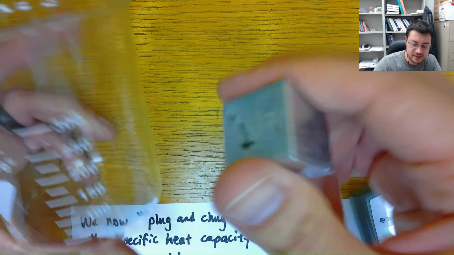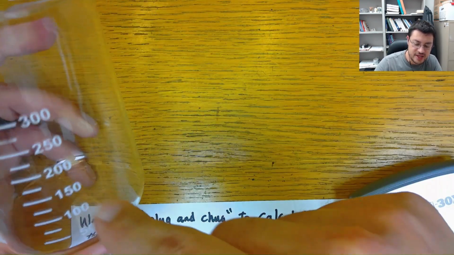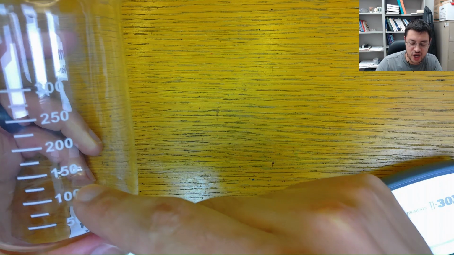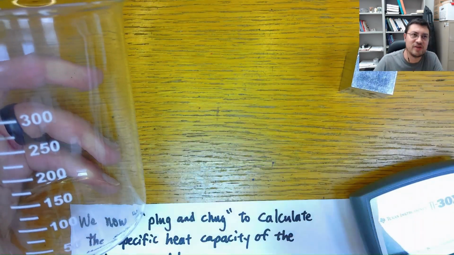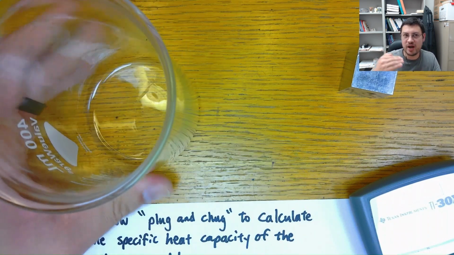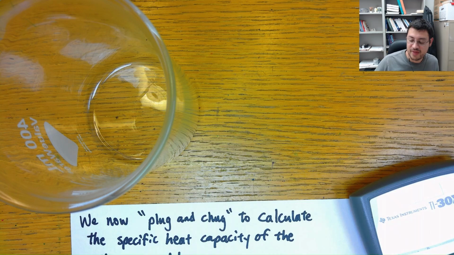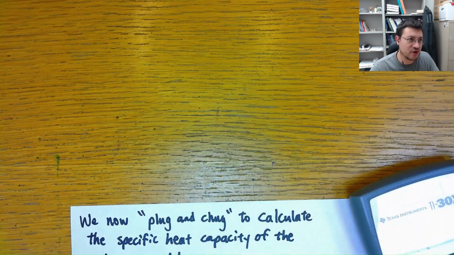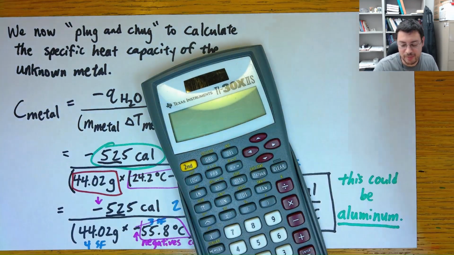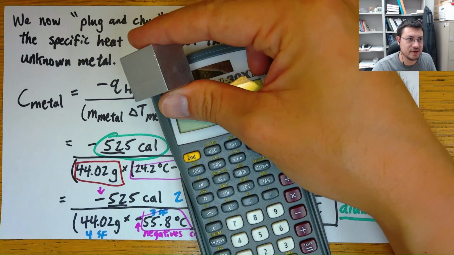Fill it with enough water to cover the object, and record the initial volume. Let's say I was at 100, and then I put it in, and it goes up by, I don't know, like 25 milliliters. If it went up by 25 mils, then you would know the volume of that solid. Then using the density, you can maybe confirm another property for the block and figure out what it is. But I will tell you, this is a piece of aluminum.